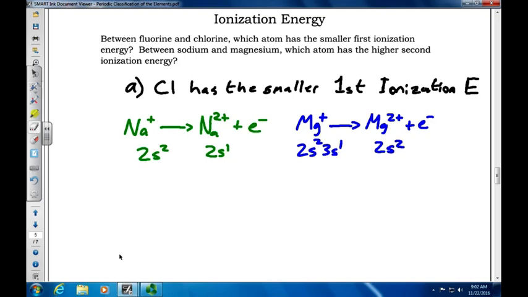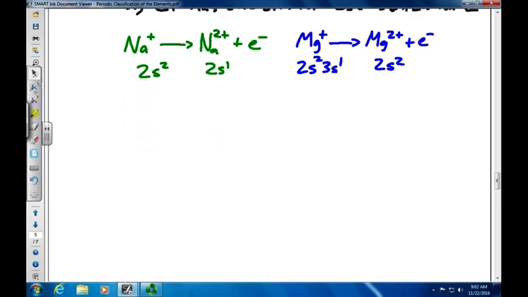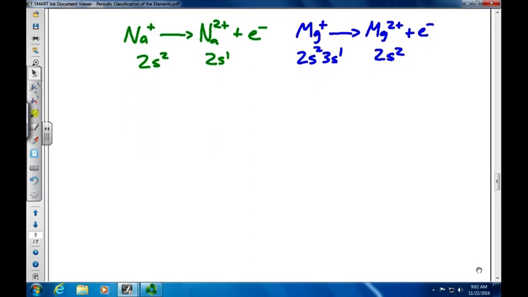Knowing how this structure works, it's a little more complicated, but when you look at it, you can readily see that it is far more stable to be at this than to be at that. This is where magnesium wants to be.